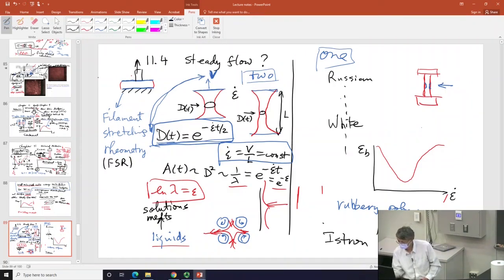This side is, I call the Instron, but with that double cylinder, we have a name, we call it SER. S stands for the inventor's last name. E means extension, R means rheometry.